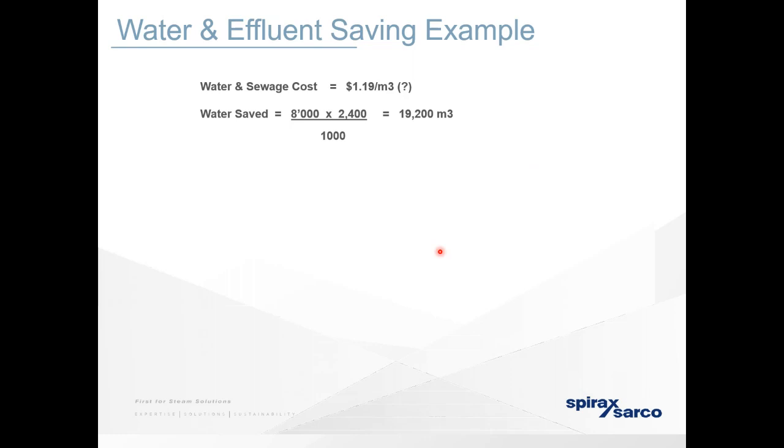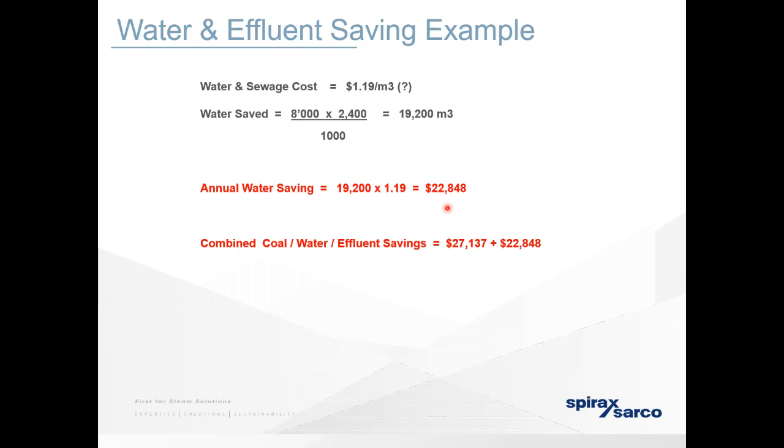In this case, water saved would be 8,000 kilograms or 8,000 liters times 2,400, because that's the working hours, divided by 1,000, so that's 19,200 meters cubed saved. So the annual water saving, at $1.19 per meter cubed times the meters cubed we've saved, would give you a saving of $22,848.